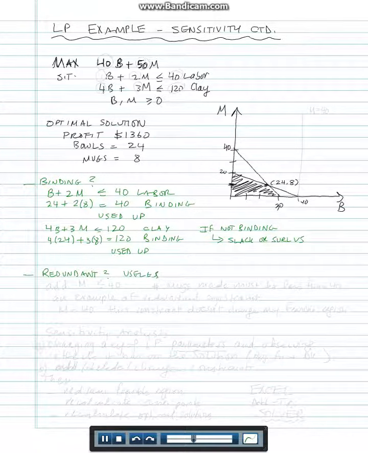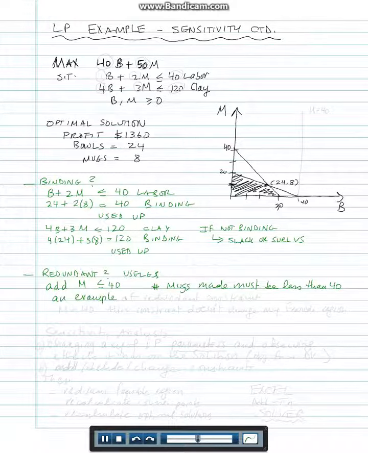So if I came and added a constraint that M has to be less than or equal to 40, that the number of mugs made must be less than 40, because the market will not tolerate selling more than 40 mugs. Well, that is an example of a redundant constraint.